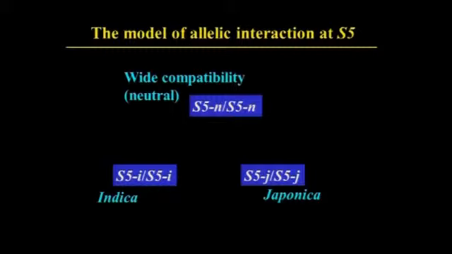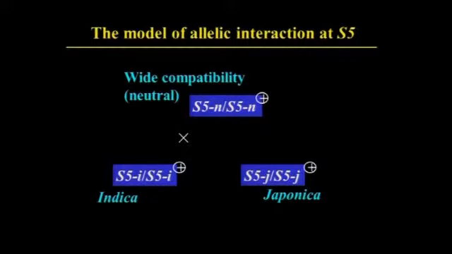So this is something we see if we make pairwise crosses of the three varietal groups. We have indica here, and this particular locus I'm going to talk about in detail. One group is called indica-japonica wide compatibility.